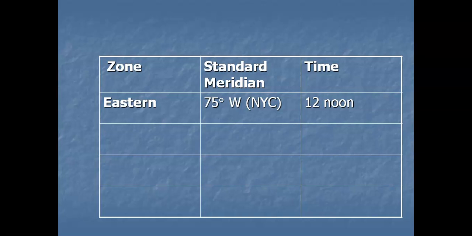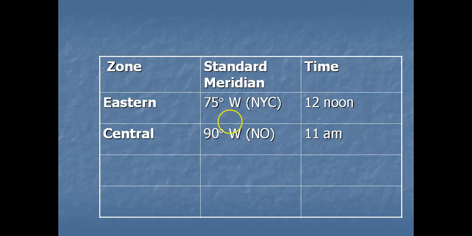All you have to do is add 15 degrees, since we're moving farther away from London. The Central time zone is centered right over New Orleans. If you remember, the longitude of New Orleans is 90 degrees west.